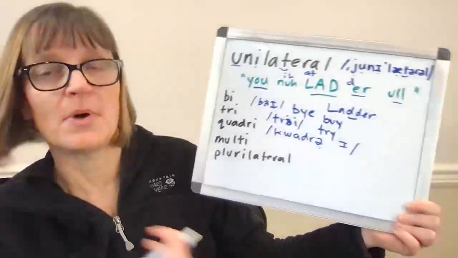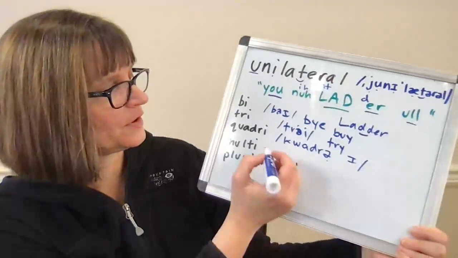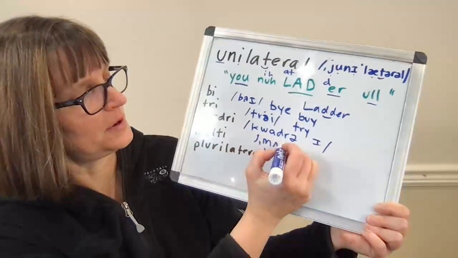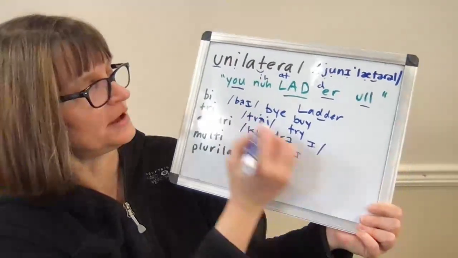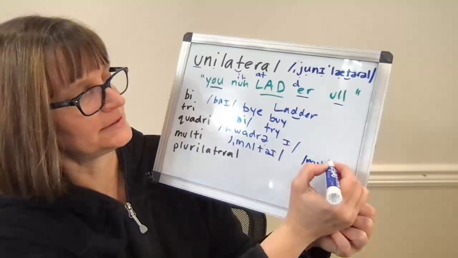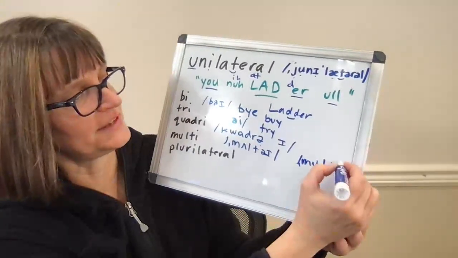Multilateral has two options, so we can either say multi with that same diphthong like bi and tri, or multi, in which case we're going to have the E vowel.